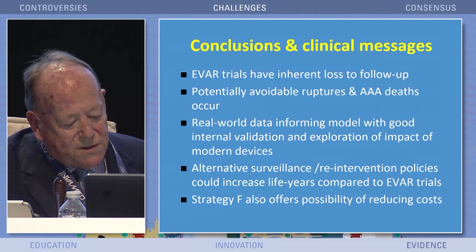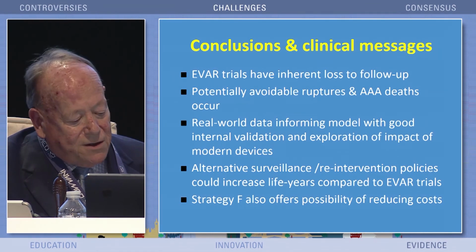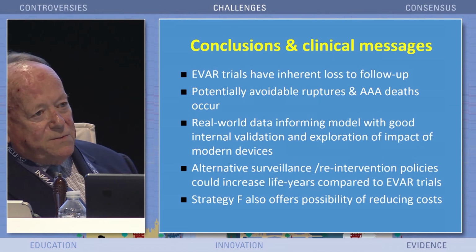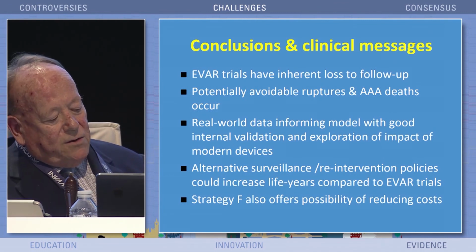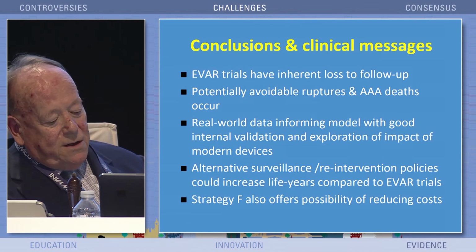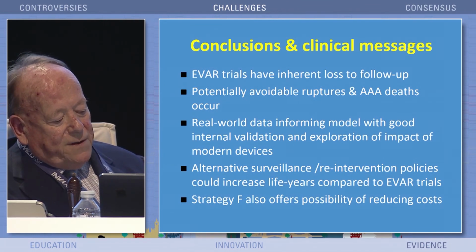Potentially avoidable ruptures and aneurysm-related deaths occur. Real-world data informing a model with good internal validation and exploration of the impact of modern devices has been performed here, and alternative surveillance and reintervention policies could increase the life years gained of EVAR trials, and strategy F also offers the possibility of reducing costs.